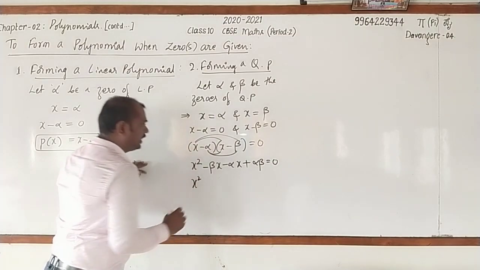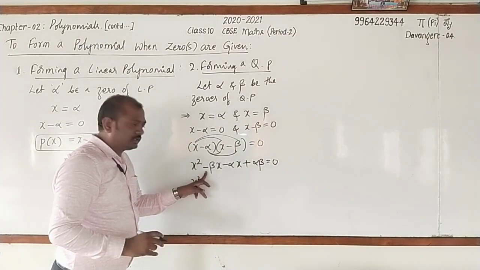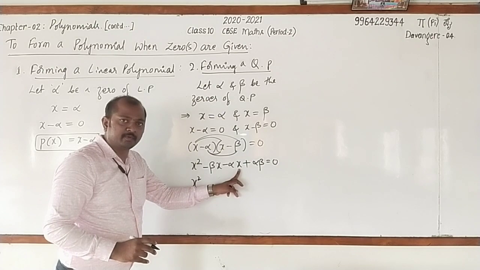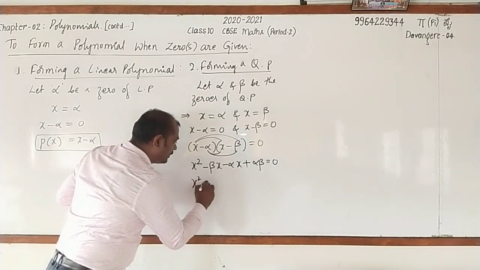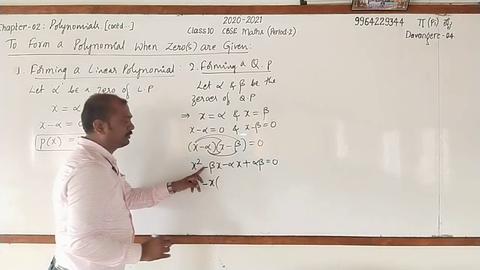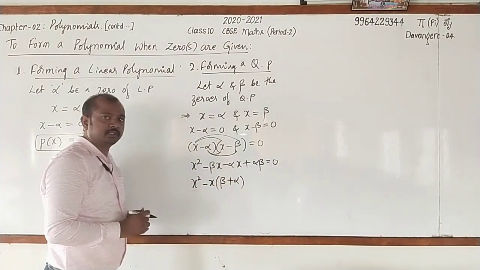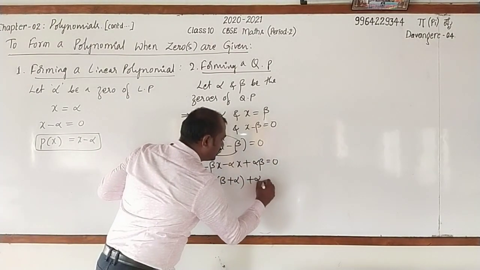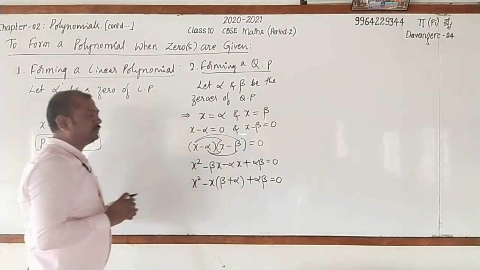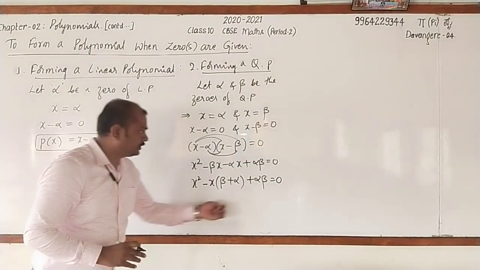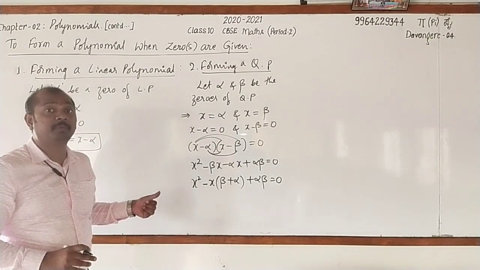Now, look here, you can take out x as common factor, right? Minus x as common factor, you will get beta plus alpha. Hope that you have understood. Plus alpha beta equal to 0. So it is an equation, but I want a polynomial.